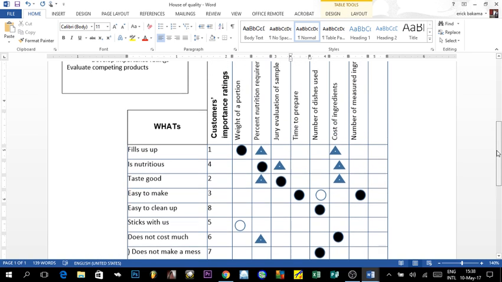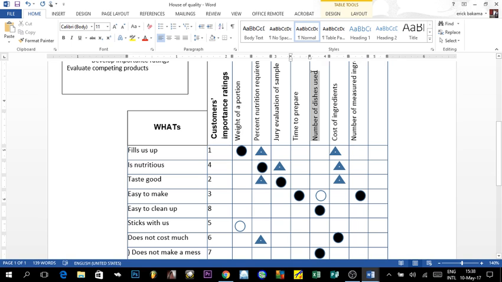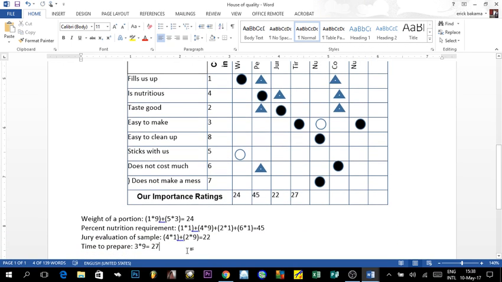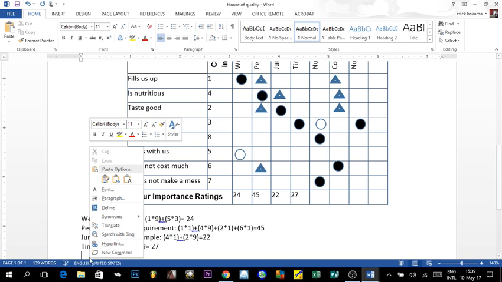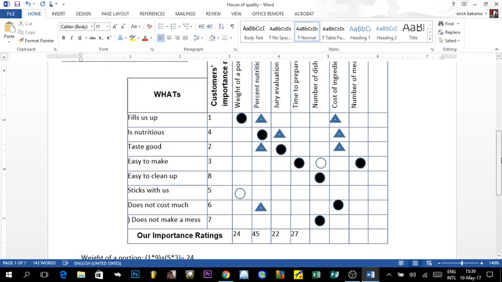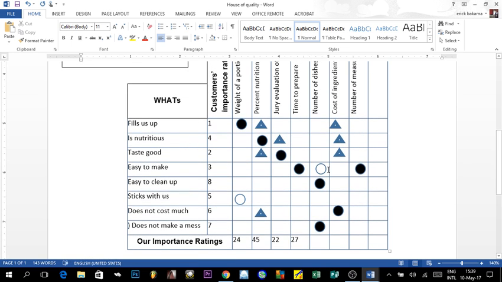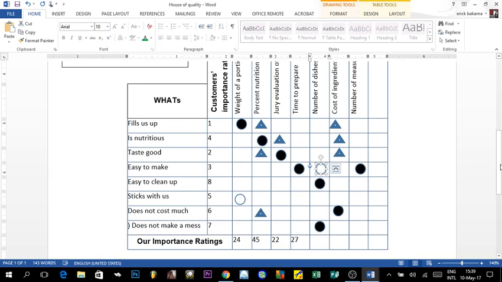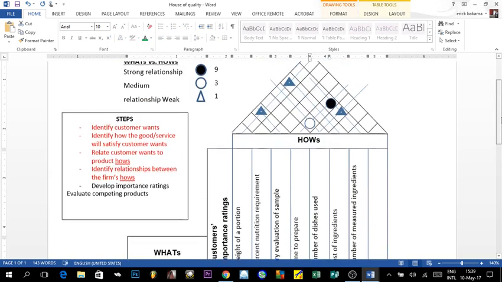Then we have the number of dishes that we need to focus on. Now the number of dishes is related to the easy to make, which is 3, and remember this symbol is also 3 according to what we see here.